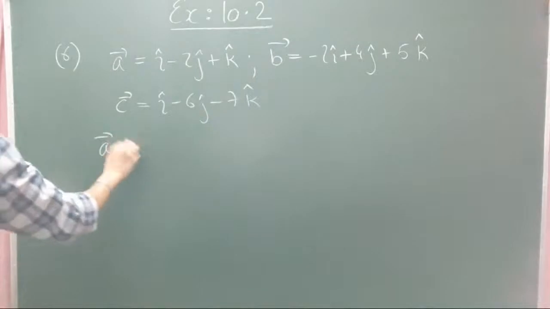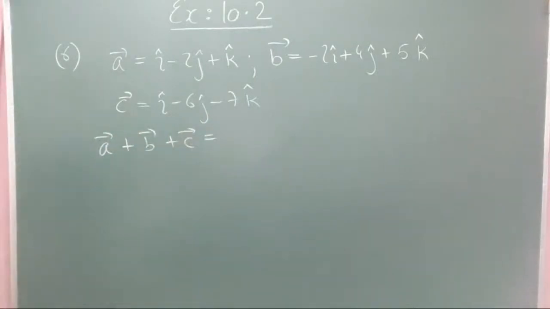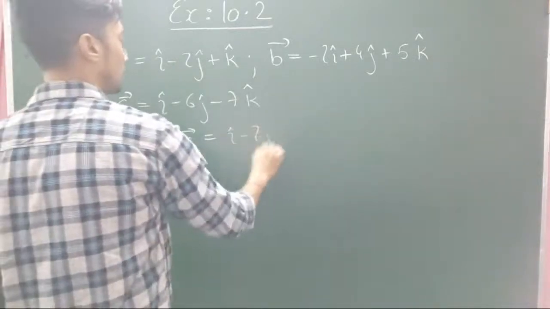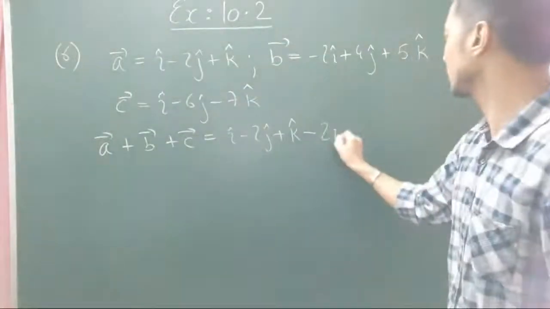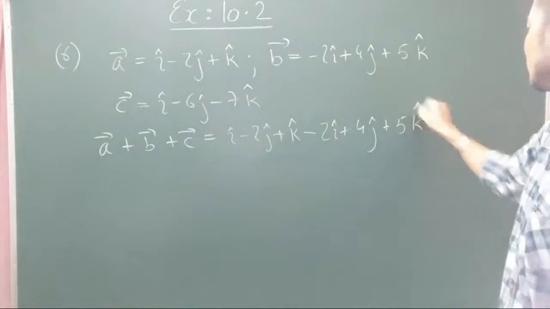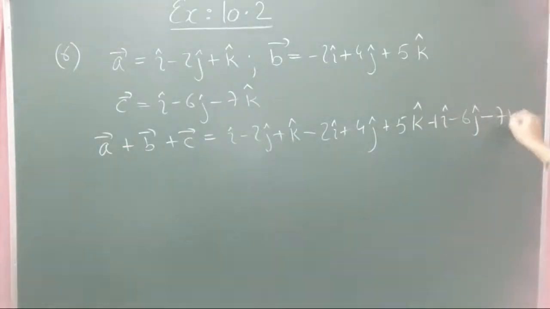So let's add the vectors, vector A plus vector B plus vector C. So i plus 2j plus k, adding, so no sign changes, so directly I'm going to write minus 4j plus 5k. Plus i minus 6j minus 7k.